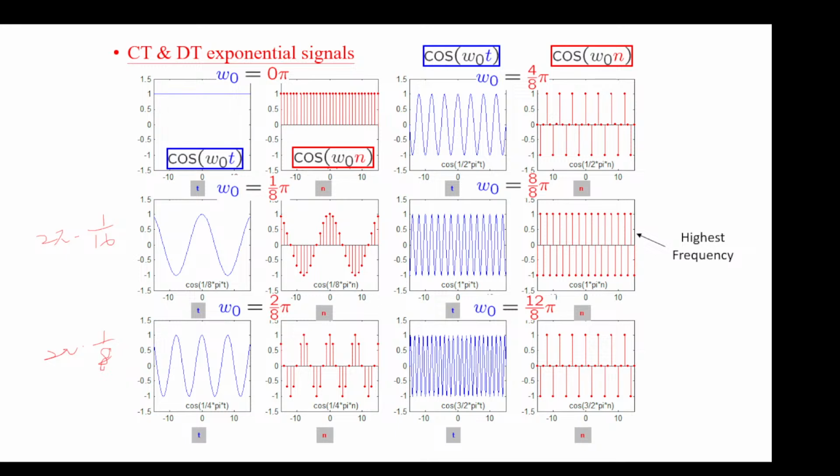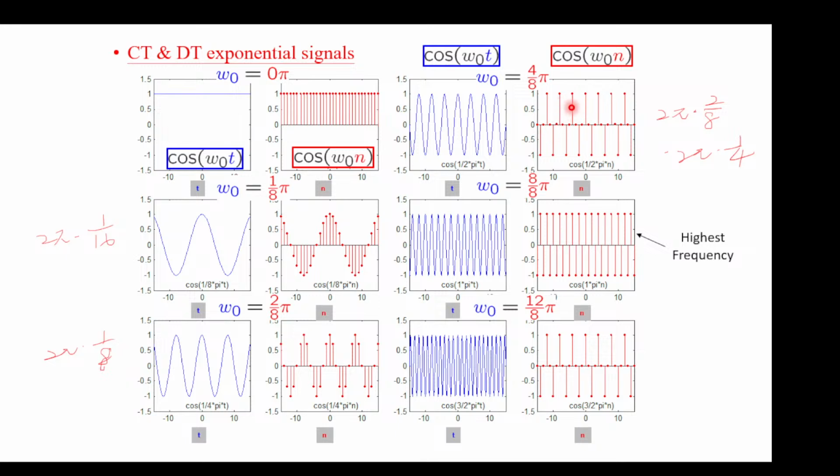Omega naught equal to 4 pi over 8, and now things are getting trickier, right? 4 pi over 8 is 2 pi times 2 over 8, and as we said, the period is not 8 anymore, it's actually 2 pi times 1 over 4. So the period is 4 here.